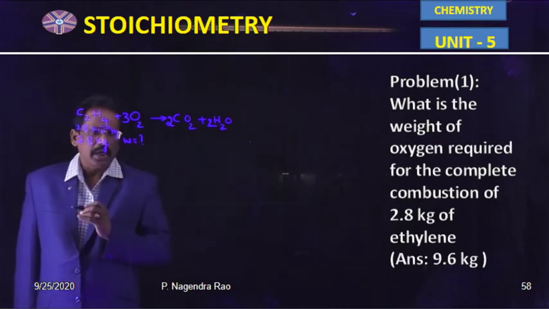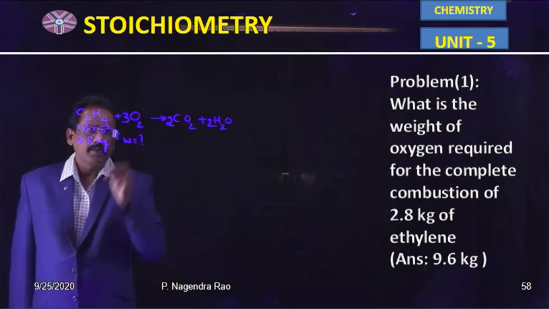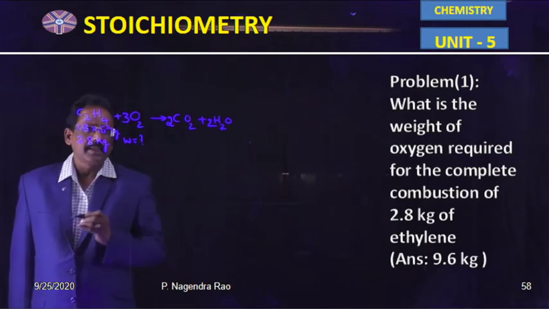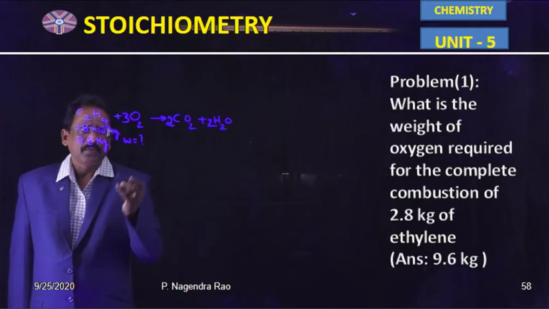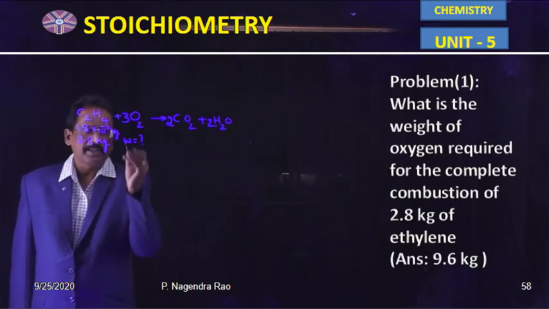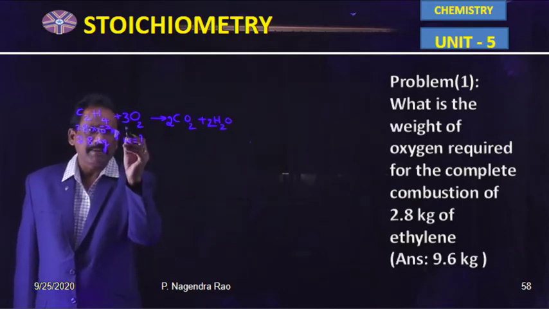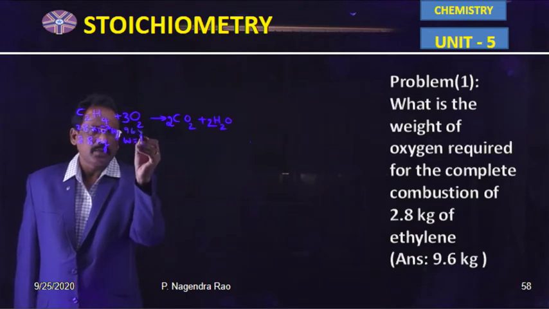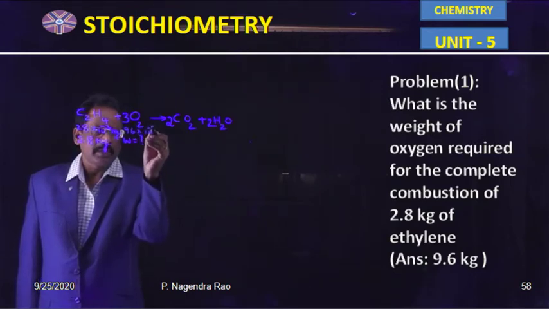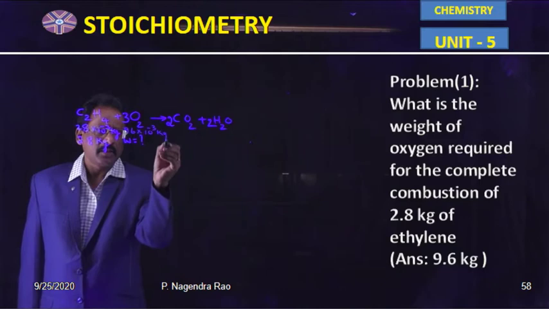3 moles of oxygen gas. 1 mole of oxygen gas weighs 32, so 3 moles of oxygen gas means 96 grams, which is equal to 96 into 10 power minus 3 kilograms.